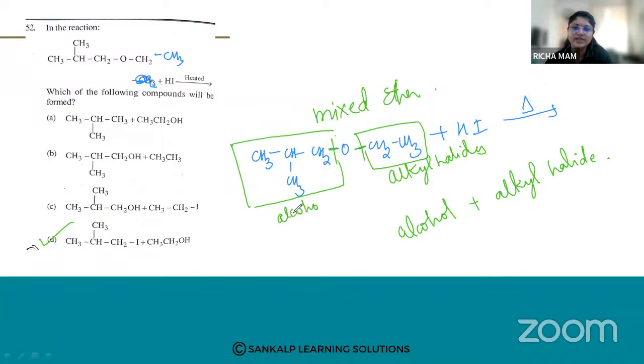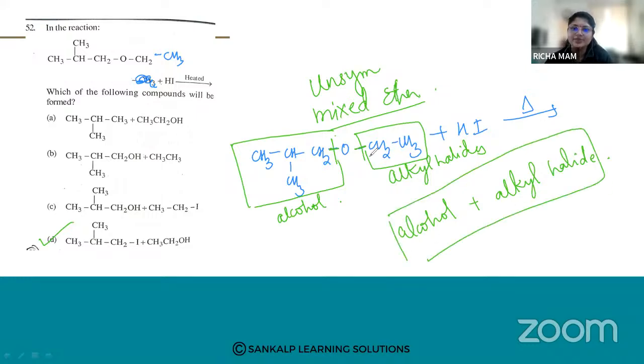Whenever you have a mixed or unsymmetrical ether, you have to follow this. The smallest alkyl group forms the alkyl halide, and the next one forms the alcohol.